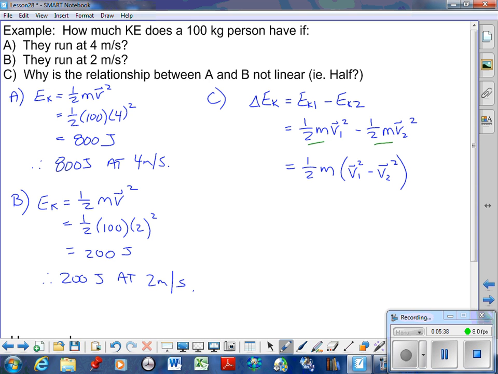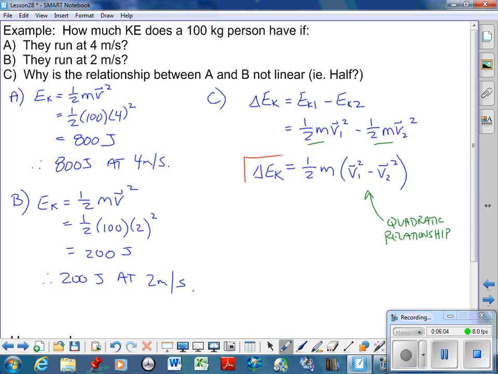And it's not a linear relationship. It's not a one-to-one relationship. This is actually a quadratic relationship, which means that we can't simply write it as delta V. Okay, that's as far as we can actually take it. You can add this formula on to your formula sheet. It's not necessary.